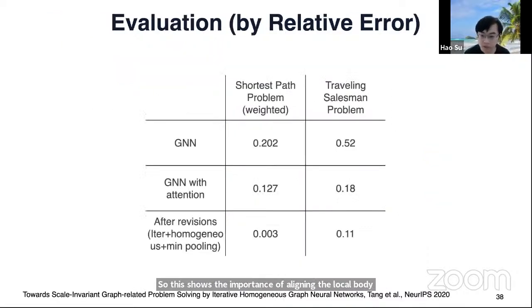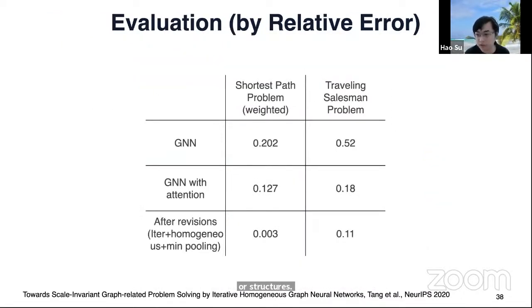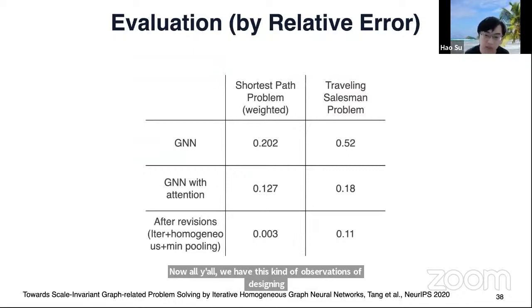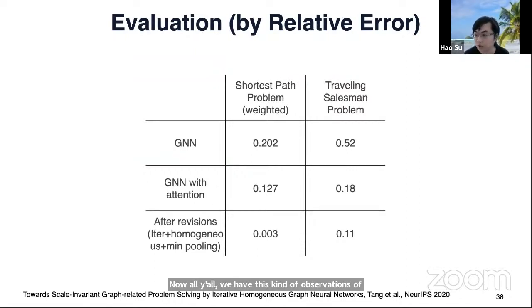Now, all in all, we have these observations on designing graph neural networks inspired by the underlying algorithm to run. If we apply all the revisions together, introducing the iterative structure, learning to stop, making the layers homogeneous, and also using min pooling, we can greatly improve the performance on the shortest path problem and even the traveling salesman problem.